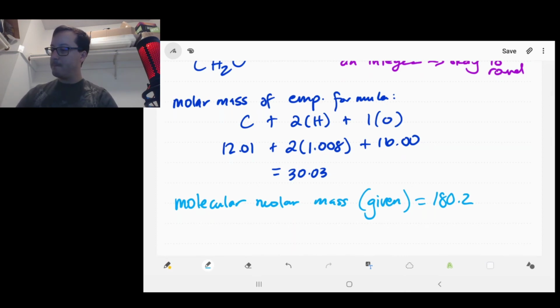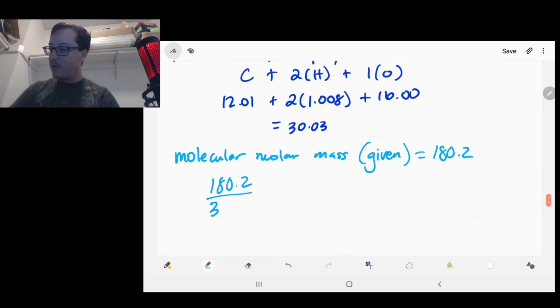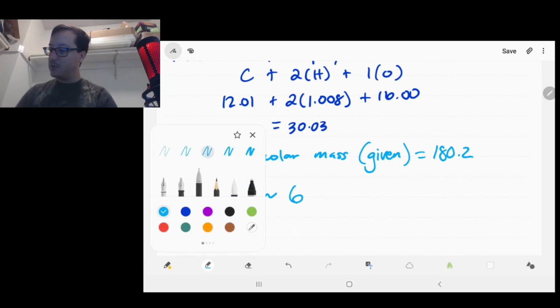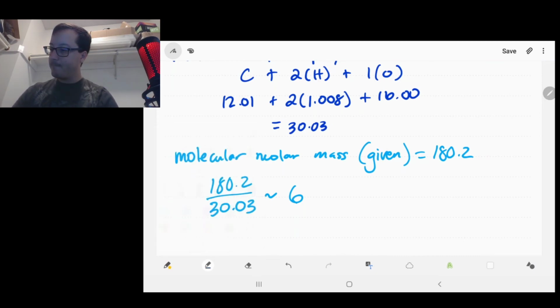Well, 180.2 divided by 30.03 is about 6, right? 18 and 3. 180 and 30. Which means that we need to multiply our empirical formula by this thing, by 6.